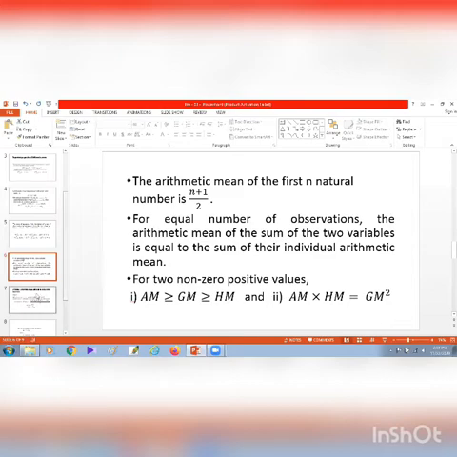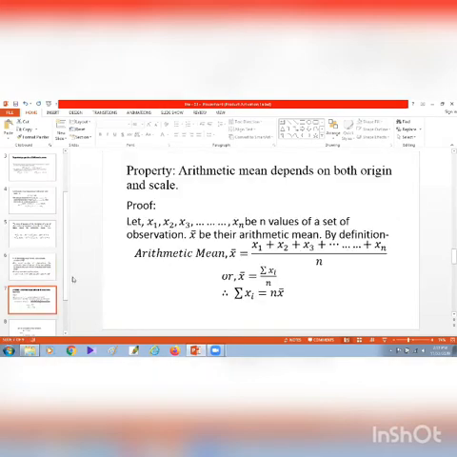Now I am going to prove an important property, which is that arithmetic mean depends on both origin and scale. Since this is a property of arithmetic mean, first of all we'll define the arithmetic mean mathematically.